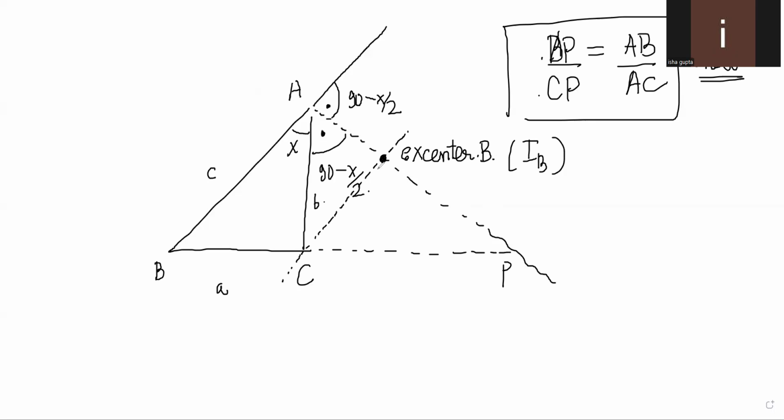So this point is equidistant from this also and this also and this also, right? So bisectors are meeting here with the normal side.